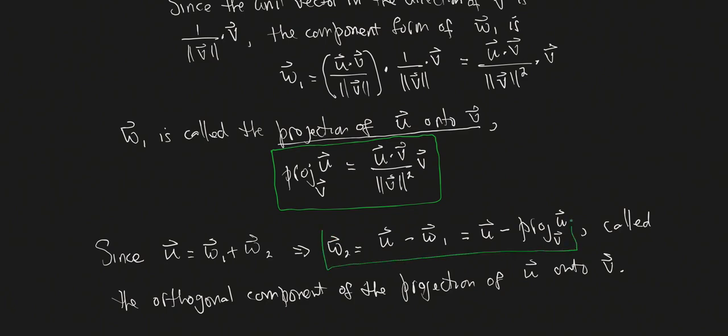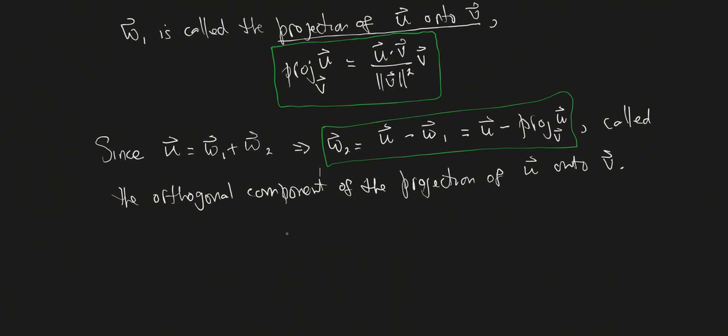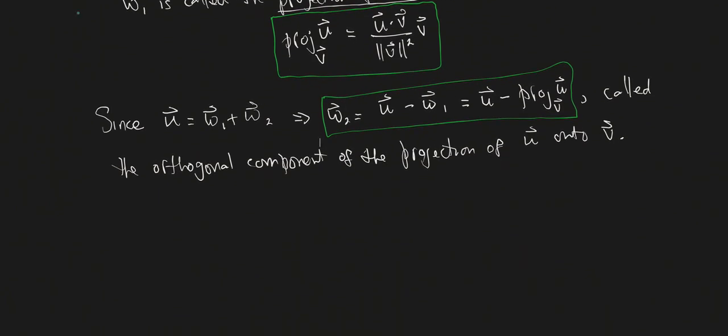Again, let me box off the key parts here. So it's these two. Let's summarize with a couple pictures, and then we'll do an example. So let's say this is u, and then this is v. Then the first thing I would do is try to create a right triangle.